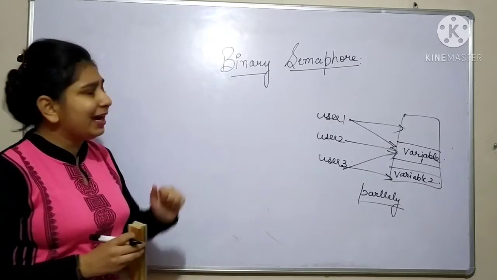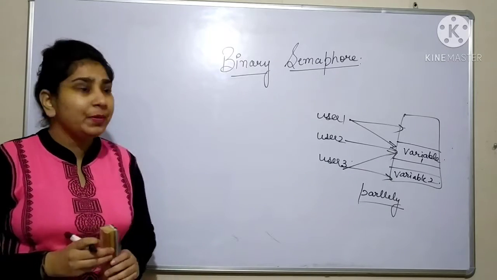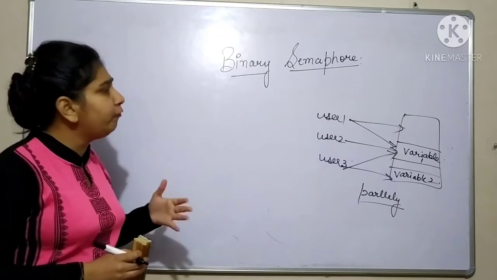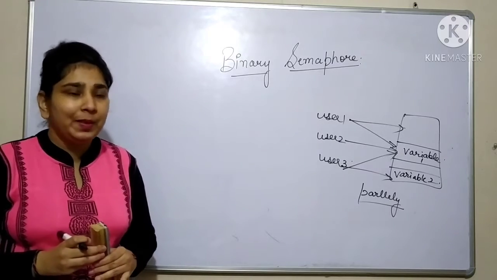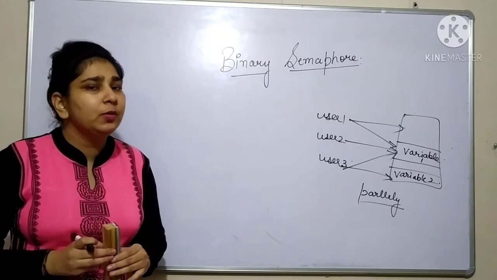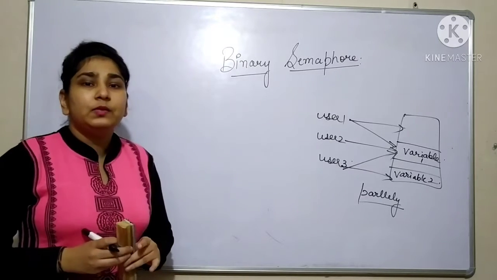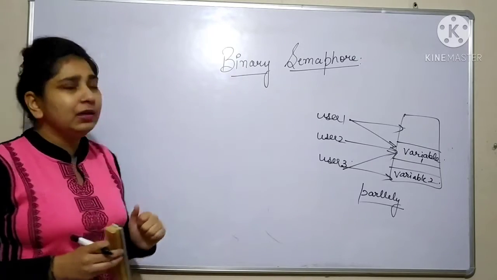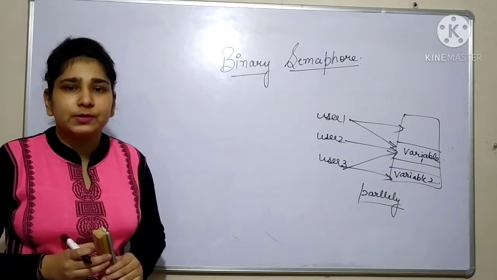So how do binary semaphores work? Before watching this video, watch my last video on the lock variable; I will mention the link in the description box. There is a little bit of difference between the lock variable and binary semaphores.